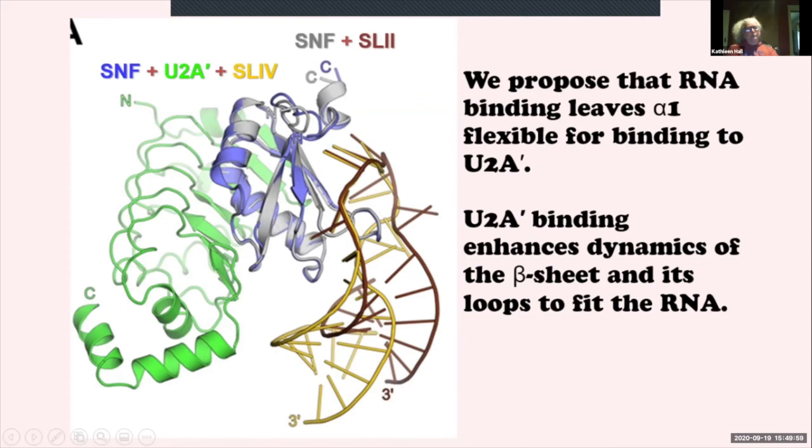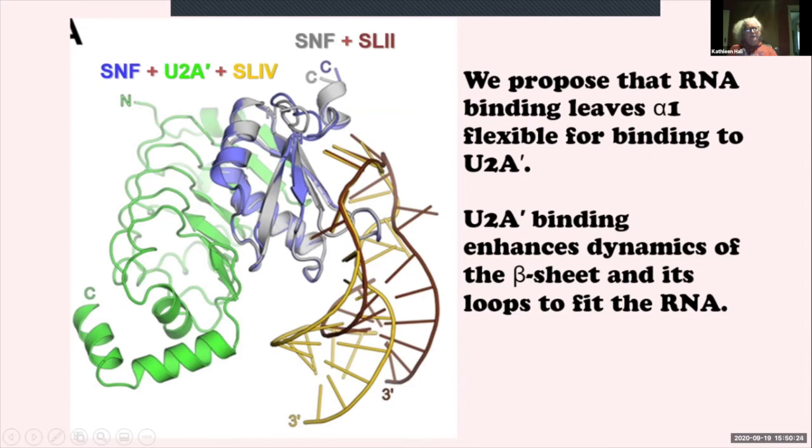So what we would propose, just looking at these structures and looking at our NMR data, is that when RNA binds to the RRM, it leaves alpha-1 flexible. Here's alpha-1, because it needs to be flexible to associate with the U2A prime protein.